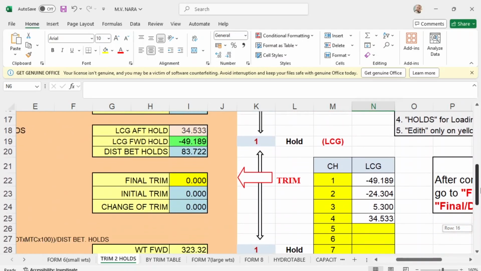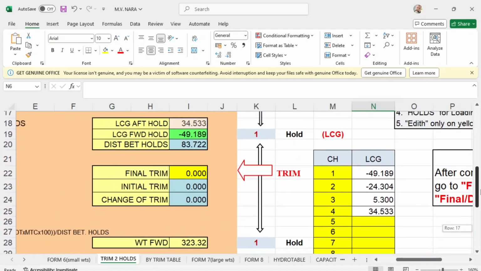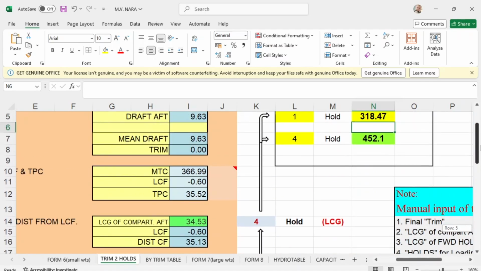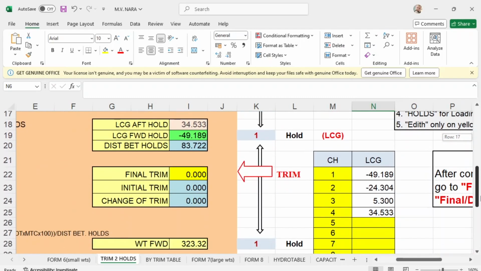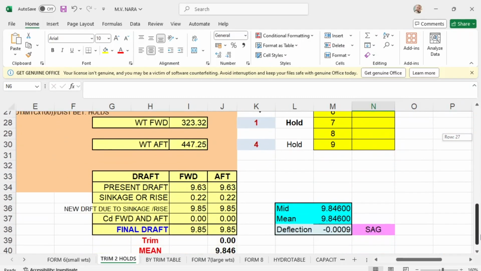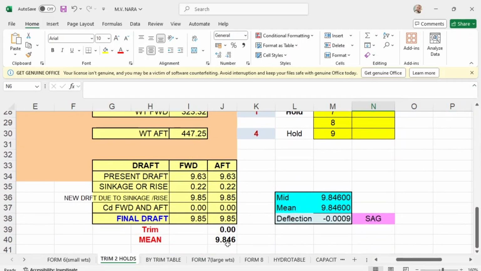Then when you load these figures, 770.57, how much are you going to load in number 1? 323.32, for example. Then number 4 will be 447.25. Your draft will be 9.85 and 9.86, then you will have a 0 deflection here.